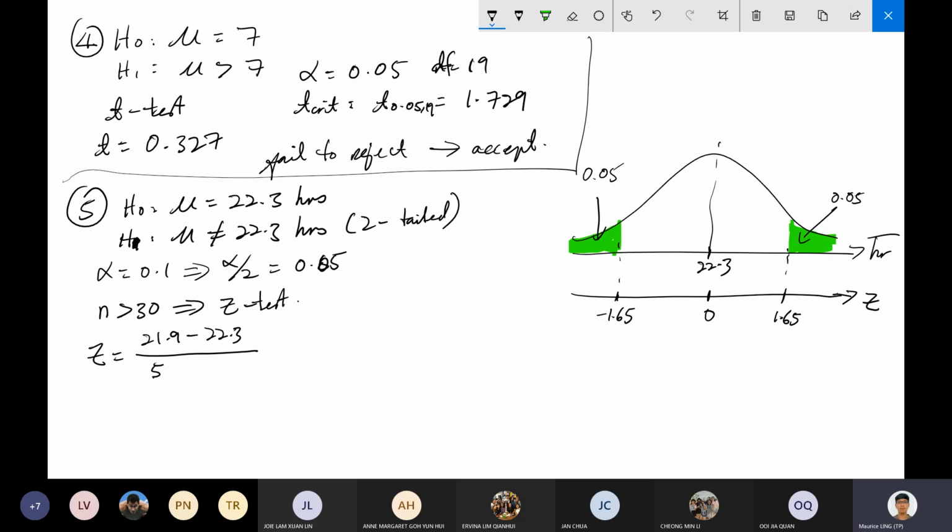It's giving you the variance. So again, read your question properly. Do they give you standard deviation or do they give you variance? Divide by square root of 45. So this gives you approximately minus 0.537. Is minus 0.537 in the shaded or non-shaded region?